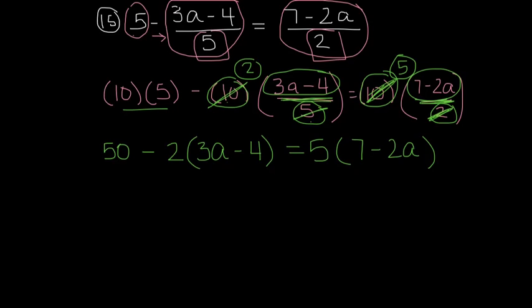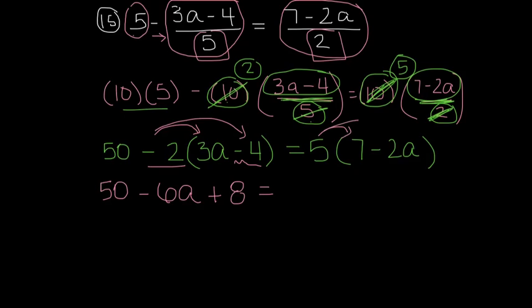Now that I got rid of those fractions, I can proceed just like a regular problem. I still have that 50. I'll distribute the minus 2. Remember, that negative is stuck to that 2, so I'm going to distribute that minus 2. Minus 2 times 3a is minus 6a. And then minus 2 times minus 4, negative times a negative, is a positive 8.